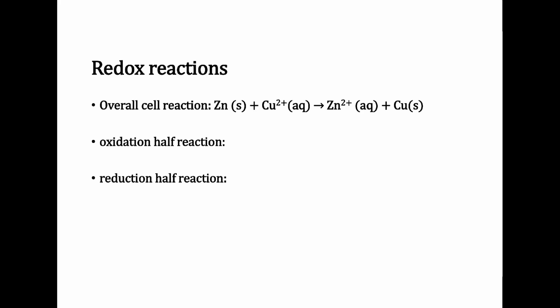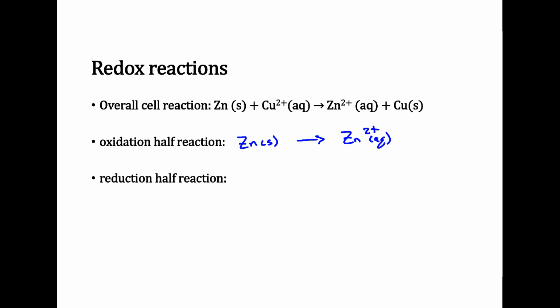So let's go ahead and consider the overall reaction where we have zinc plus copper 2+ forms zinc 2+ plus copper. So what I'd like you to do is try to write the half reaction for this. We can write the half reaction by writing, well, we have zinc going on to form zinc 2+.